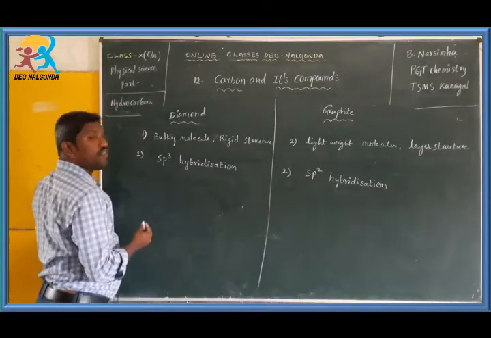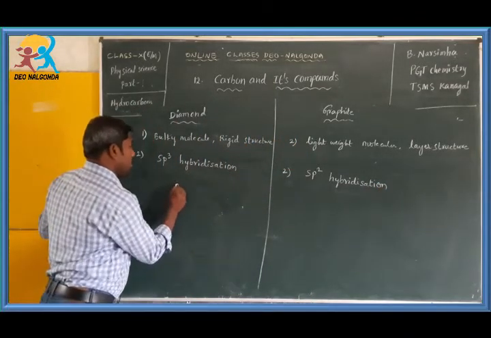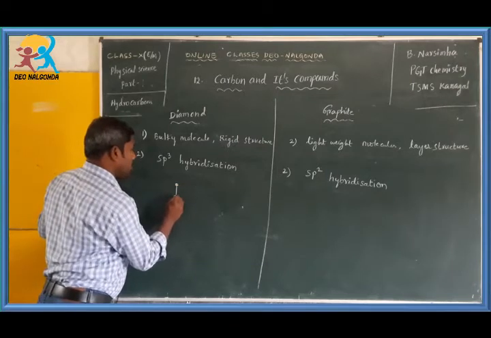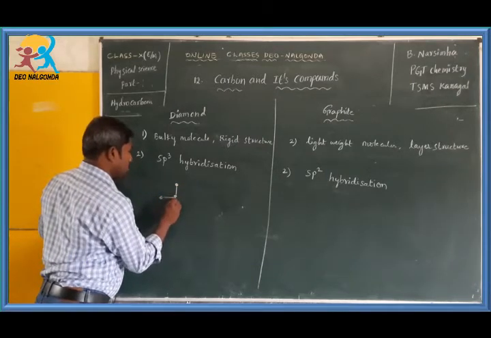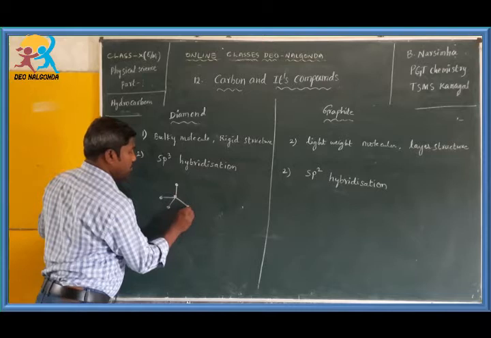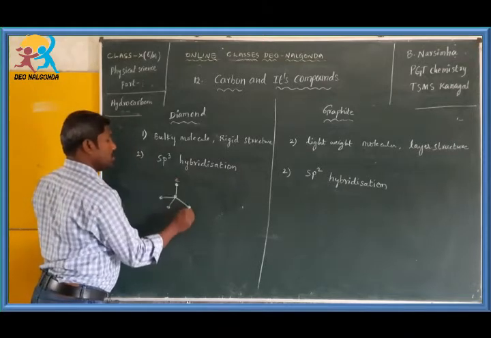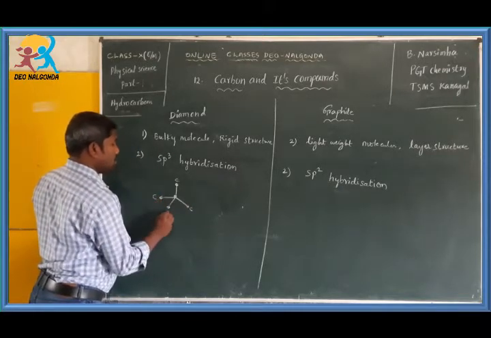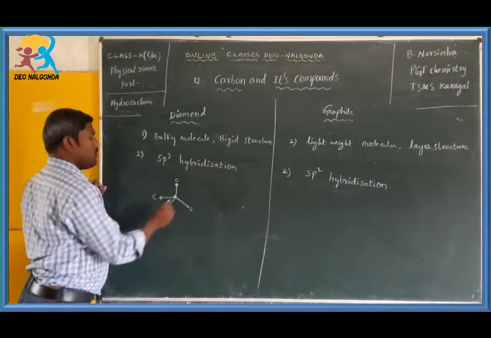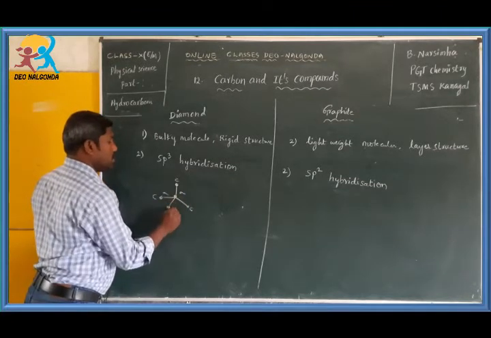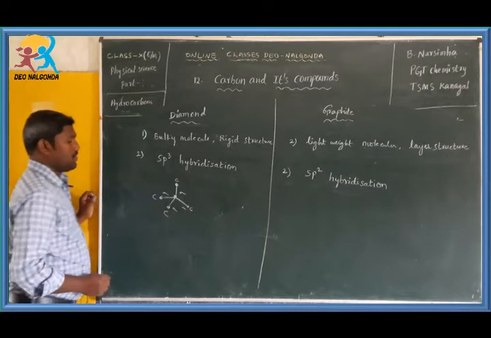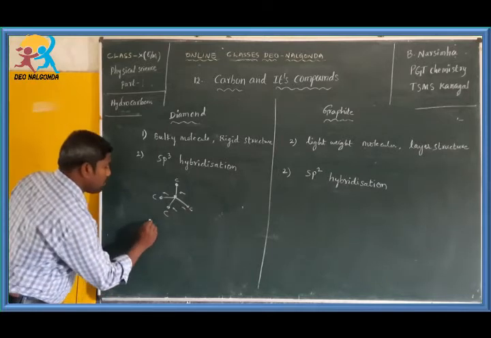In the structure of diamond, each carbon bonds with 4 other carbon atoms. 4 covalent bonds are formed. This is the tetravalency.